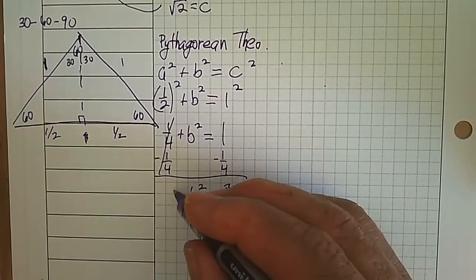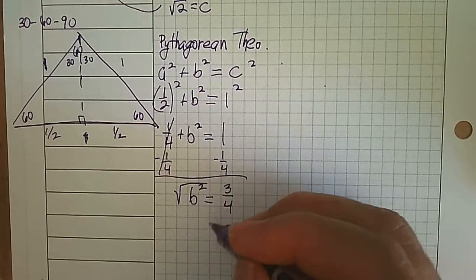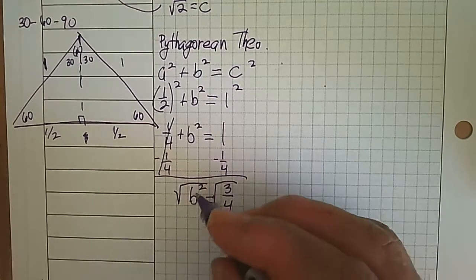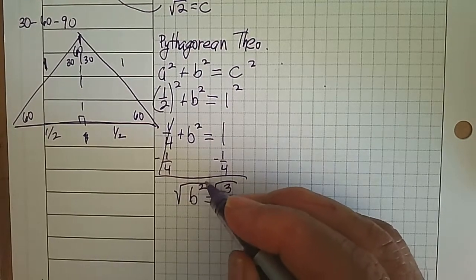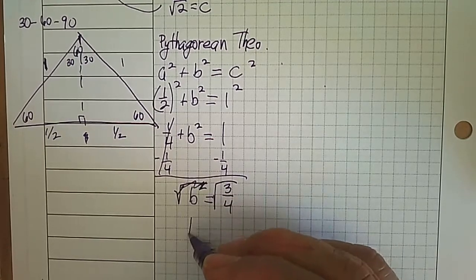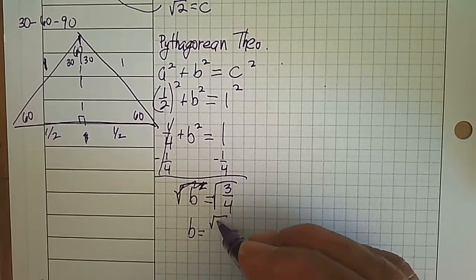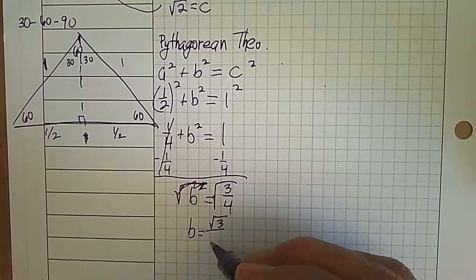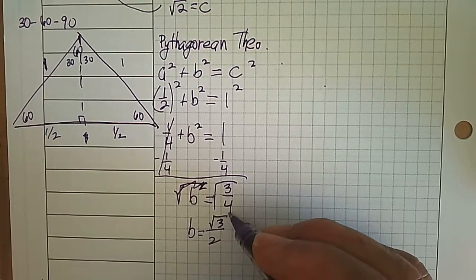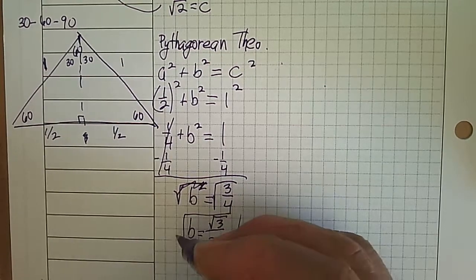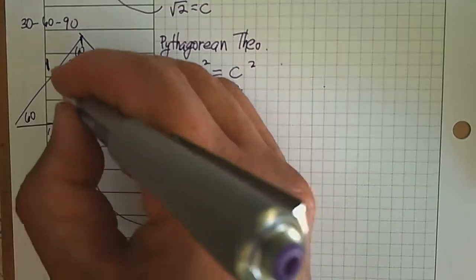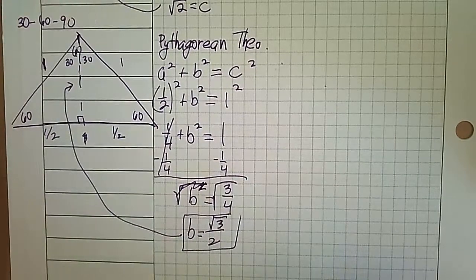So you do the square root, and what you do to one side, you must do to the other. The square root and square are opposites; they cancel. You have b is equal to radical 3 over radical 4, and radical 4 is 2. So now b is radical 3 over 2.